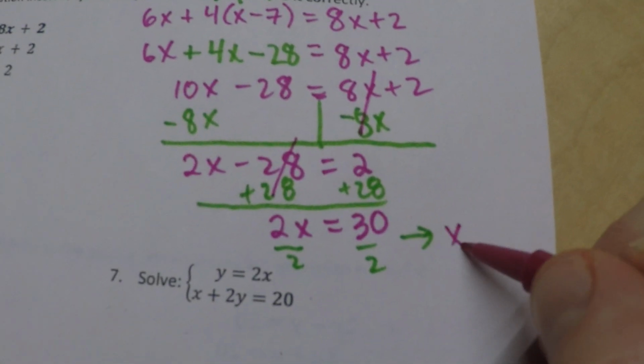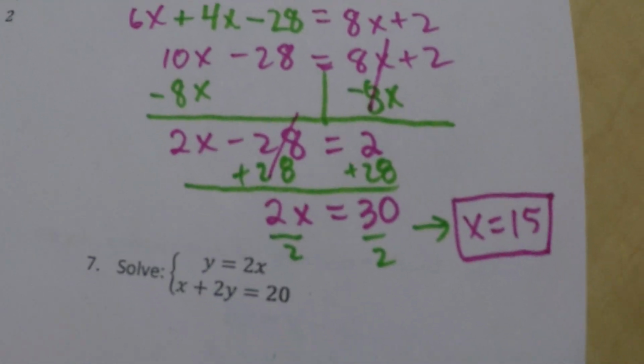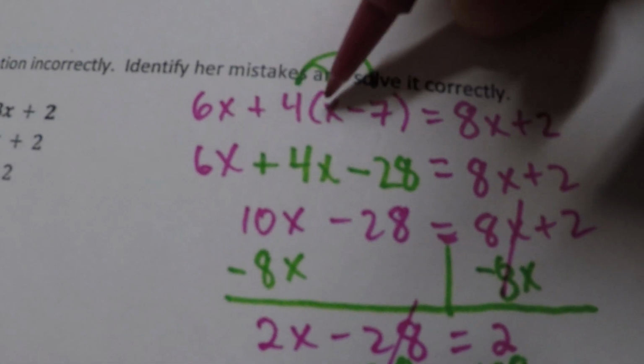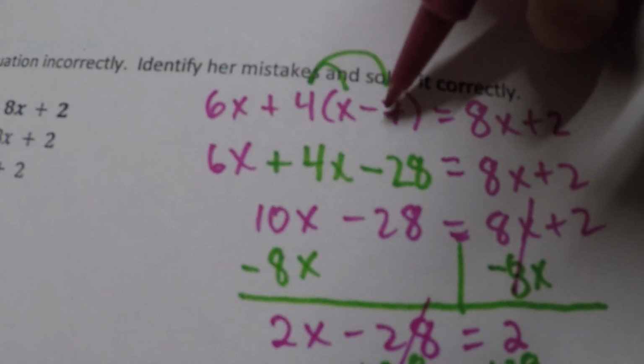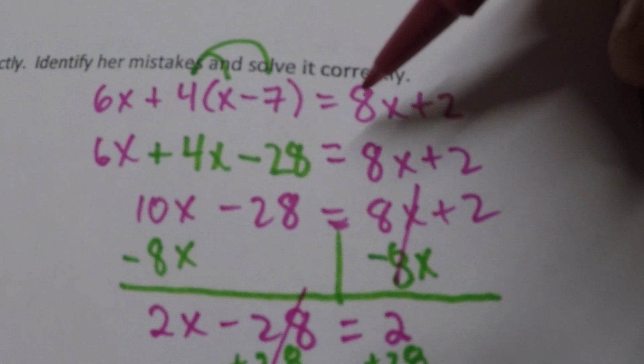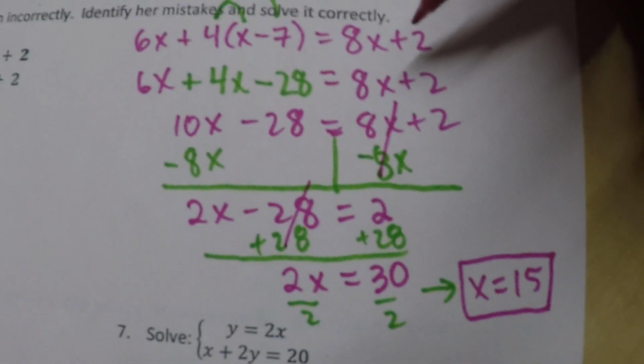So x equals 15. Now if I said check your answer, you would take this 15, put it in this x and this x. So if you type it in, this becomes 122. Same thing over here. 8 times 15 plus 2 is also 122, so I know I did the problem correctly.